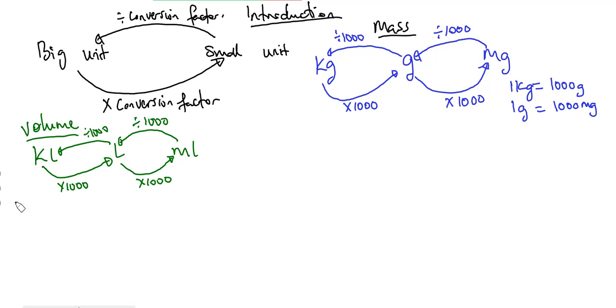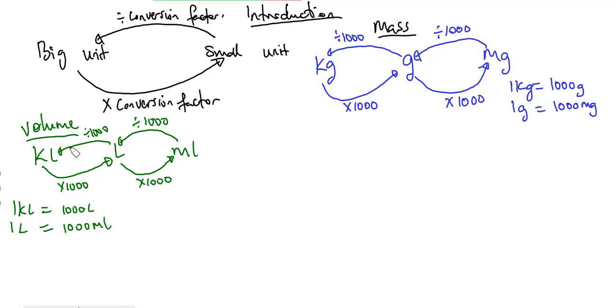It means 1 kiloliter is equal to 1,000 liters, and 1 liter is equal to 1,000 milliliters.